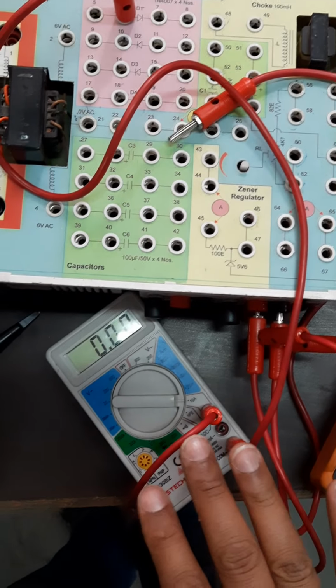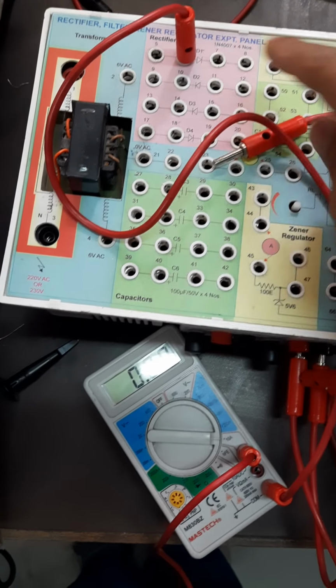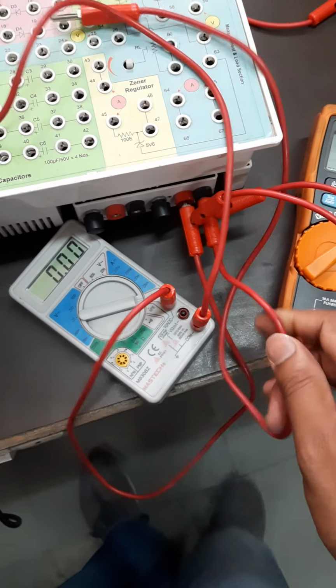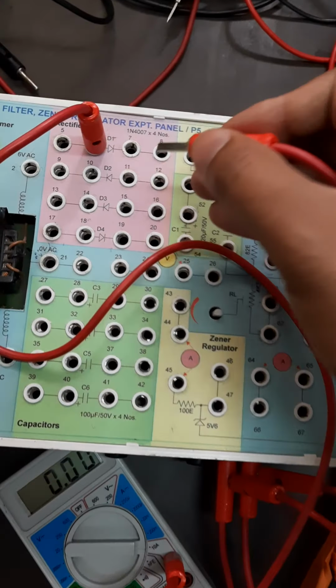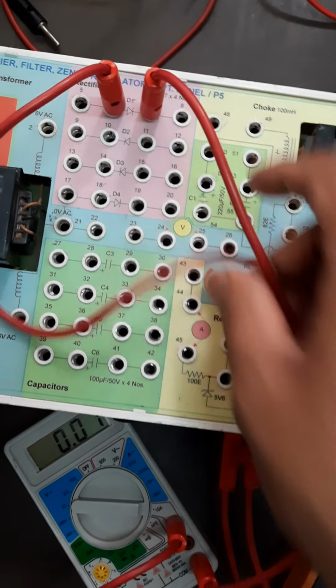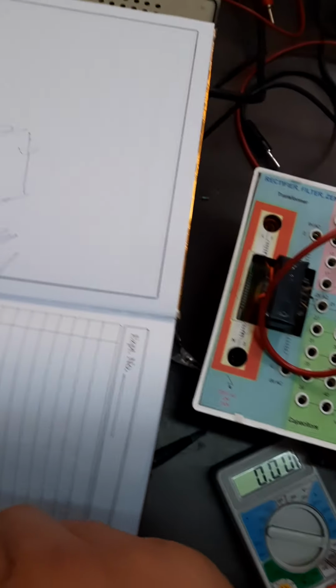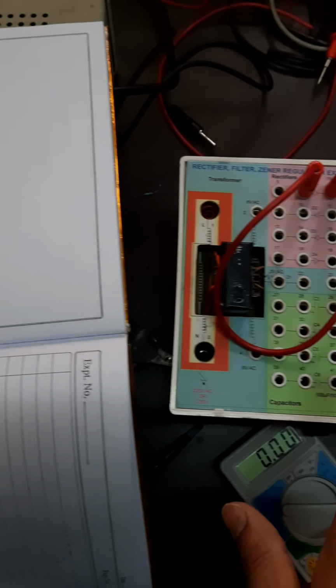This makes it a series connection. Now one of the terminals, the negative polarity of your battery, is connected to the N side of your diode. This is the proper connection that we see in this circuit. The same circuit is formed here.